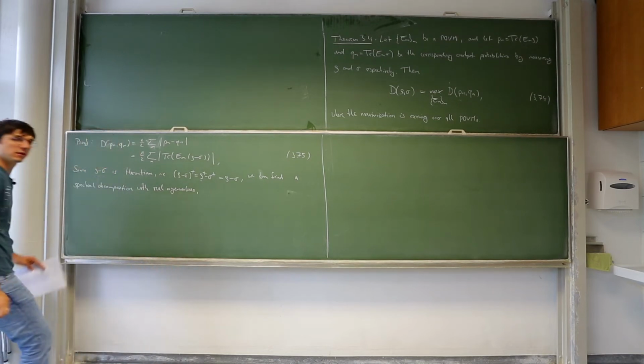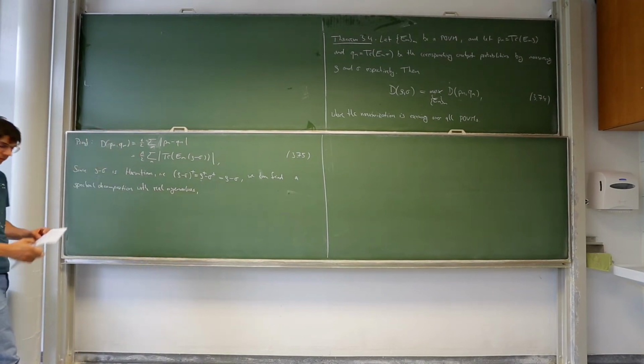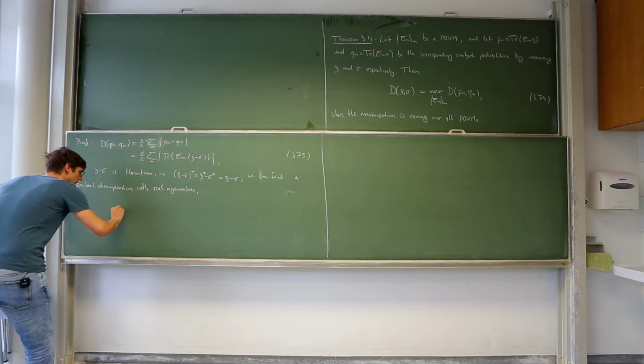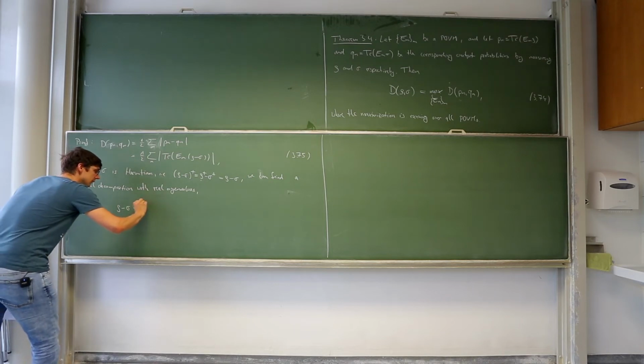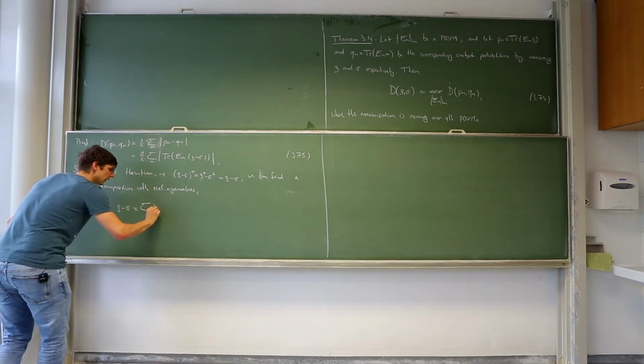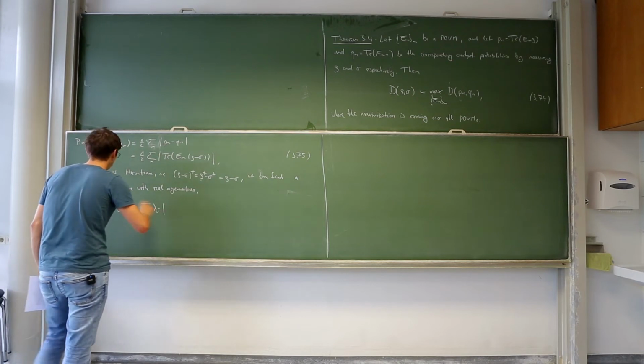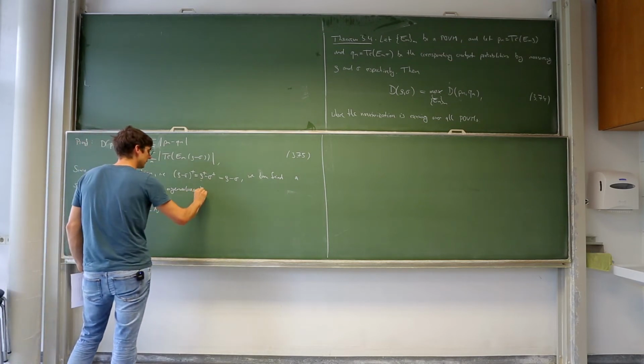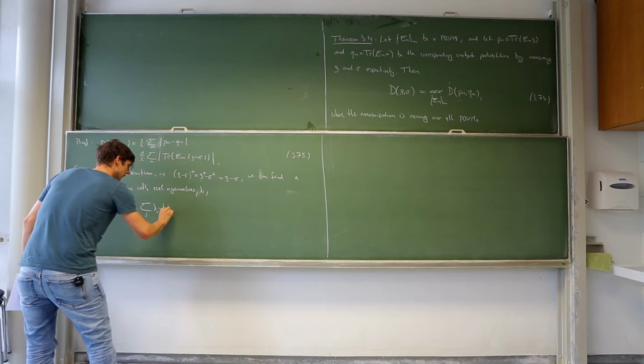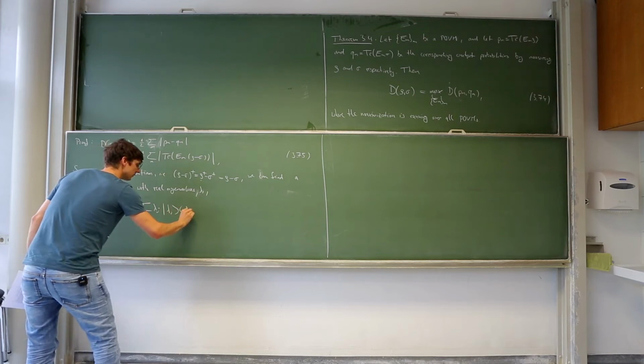So not necessarily positive, but real. So we can write rho minus sigma as the sum over some real eigenvalues lambda j, and then the corresponding eigenvectors.